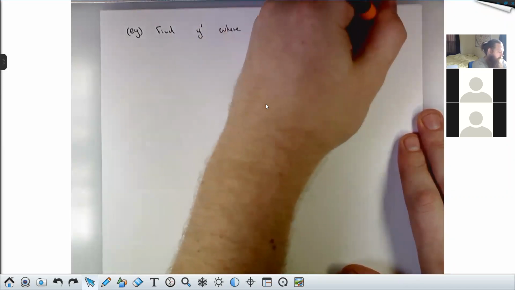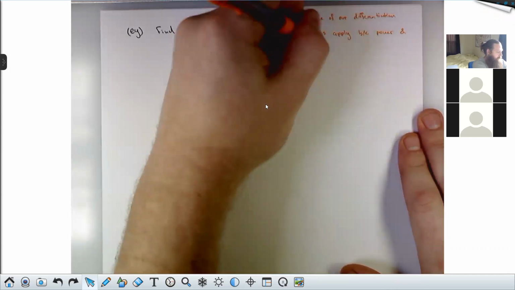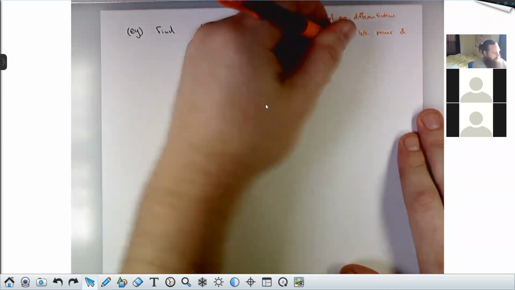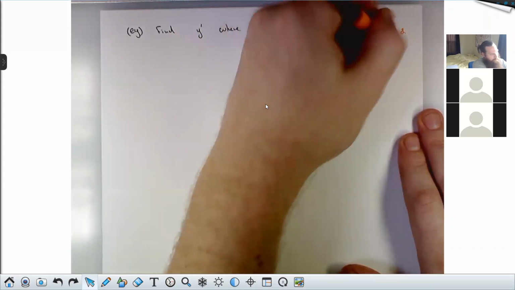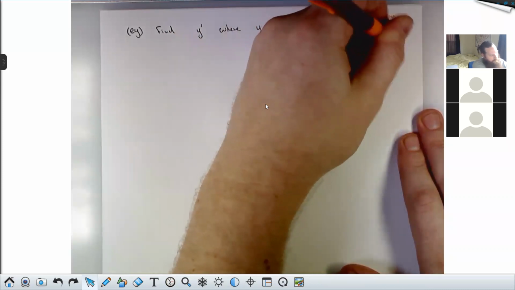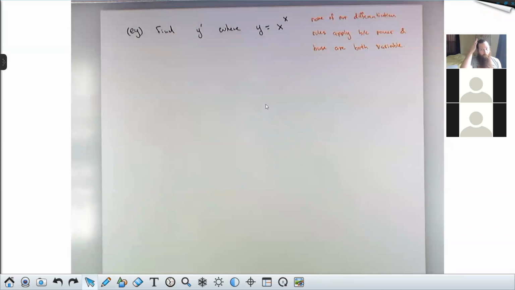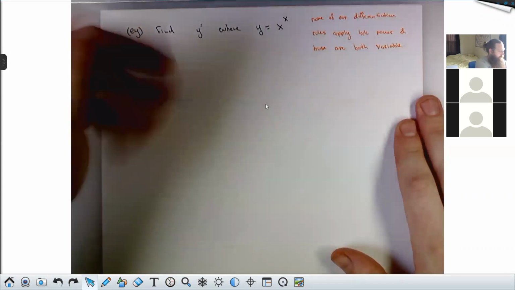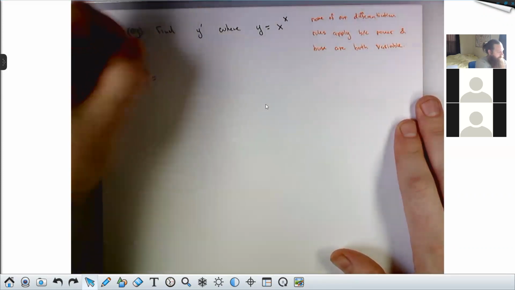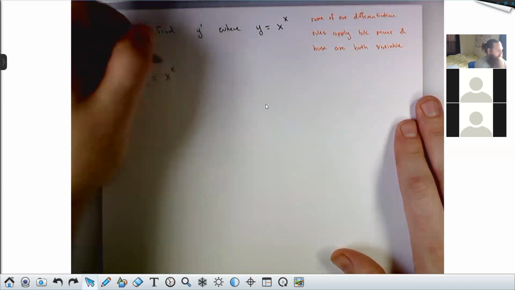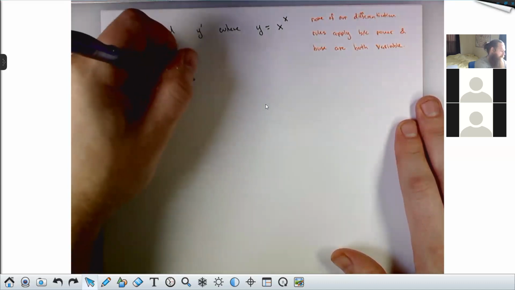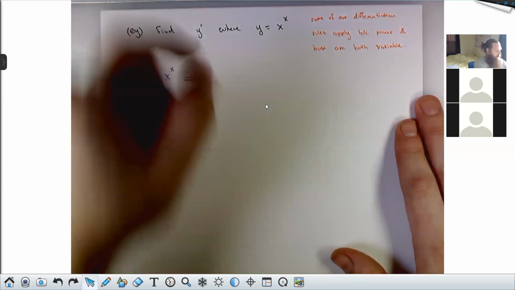Because the power and the base are both variables. Neither of them are constant. But logarithmic differentiation will save the day. You see, I start with y equals x to the x, and I take the ln of both sides.